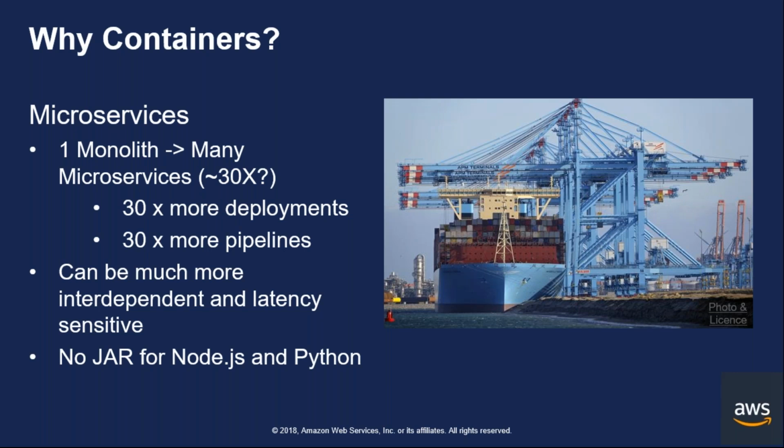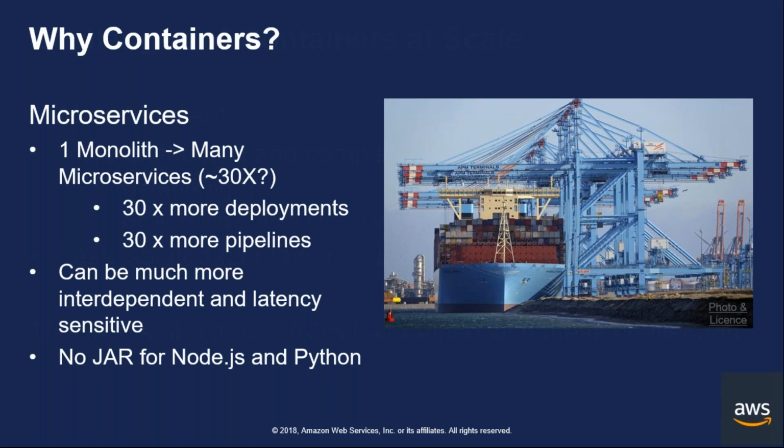They are interdependent at times, and that's why you need very efficient networking between them, a communication mechanism to reduce the latency as much as possible. Moreover, many of these microservices are written in modern languages like Node.js or Python, in which inherently there is no packaging mechanism like you have jar for Java. That's why containers help you package the microservices.